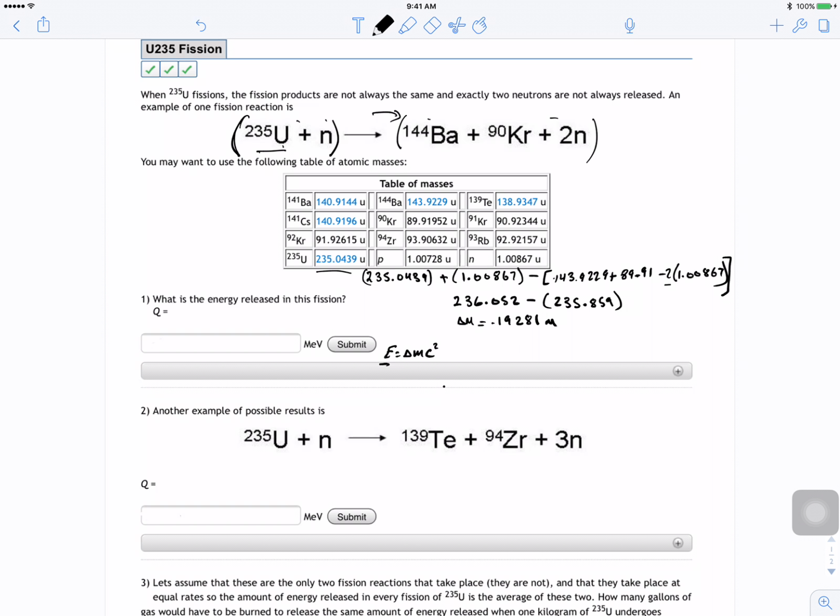From here we substitute this in and change it to MeV.